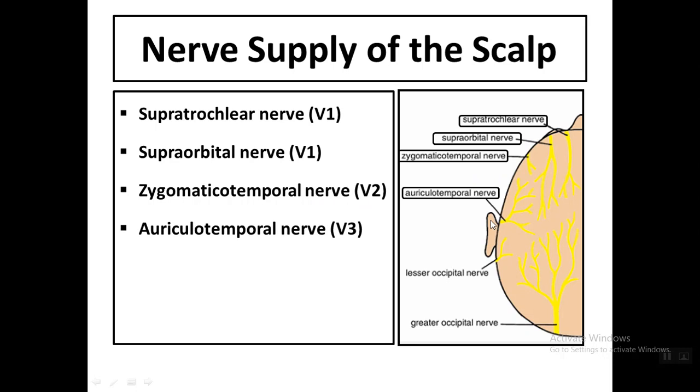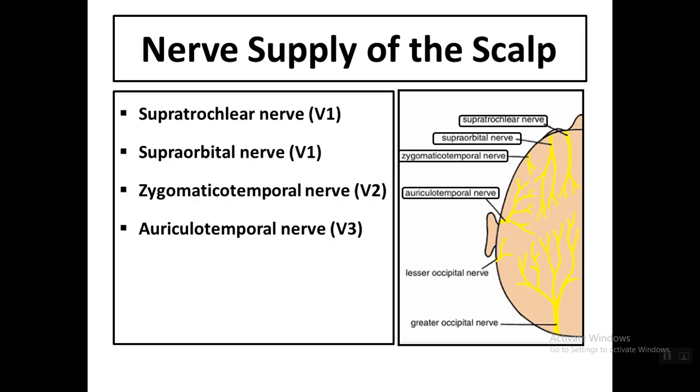More posterior, we have a branch called the auriculotemporal nerve, which is a branch of the mandibular nerve V3, the third branch of the trigeminal nerve. It supplies the area just in front of the auricle, the auricle itself, the external acoustic meatus, the external auditory canal, and also the tympanic membrane.